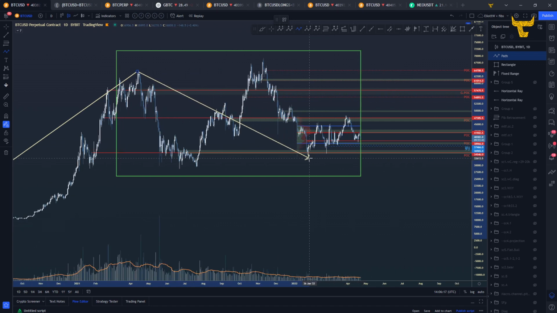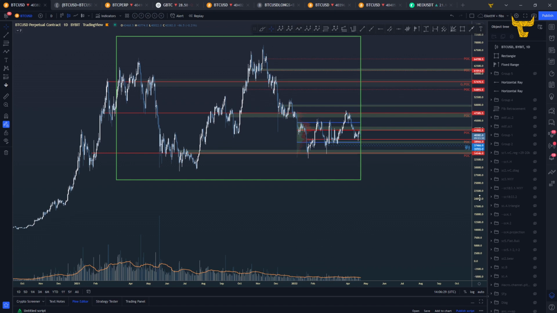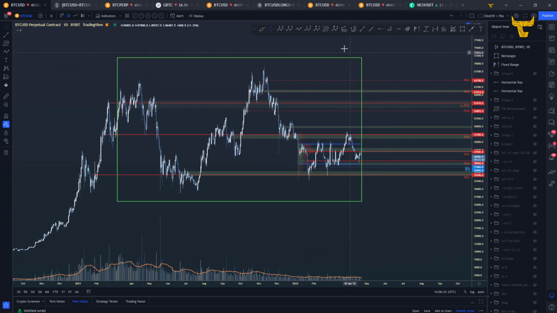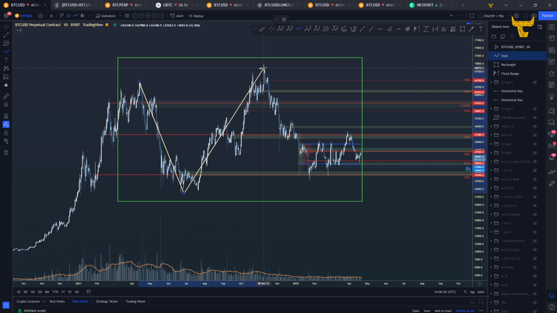I'm still questioning if this wave 4 was finished in January at that low, or if we still have another leg down to come. I still believe it's possible we have another leg down. So we're looking at this wave 4 as a flat, either finished here, or maybe an expanded flat, or alternatively a triangle.